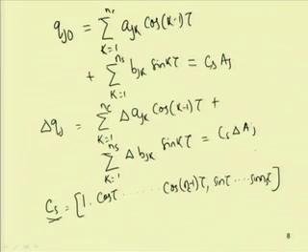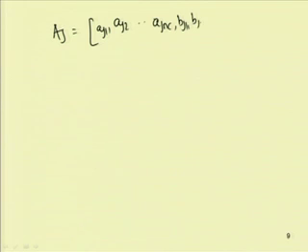Here A j is nothing but the vector of coefficients. A j can be written as A j 1, A j 2, up to A j n c, then it starts with B j 1, B j 2, up to B j n s, where n s is the number of sine terms.